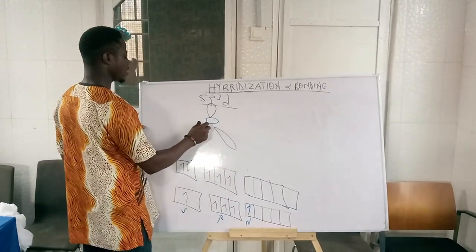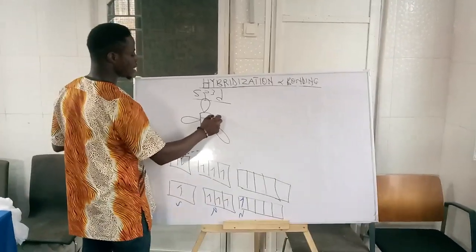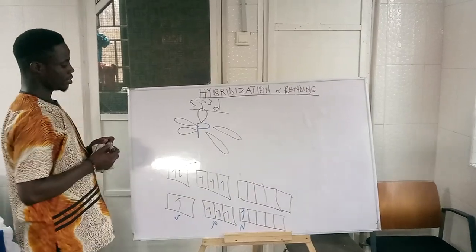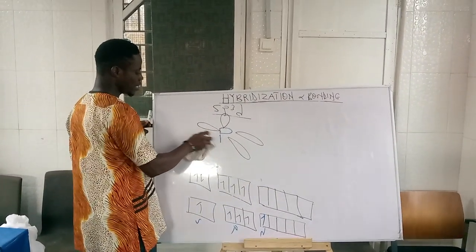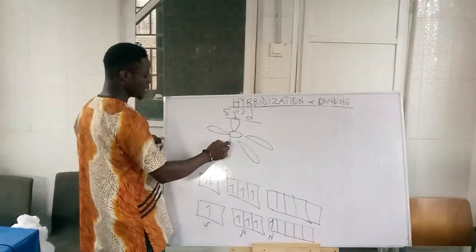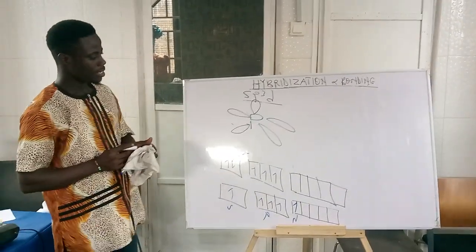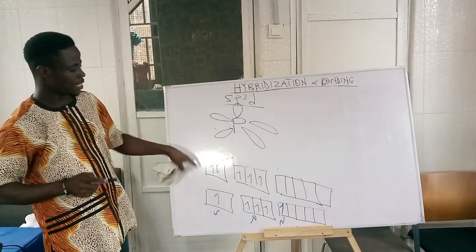There's another one here, another one here, like this. Let me draw this well. There should be repulsion, so they should stay far away from each other. So this is what we are getting. This is the shape.